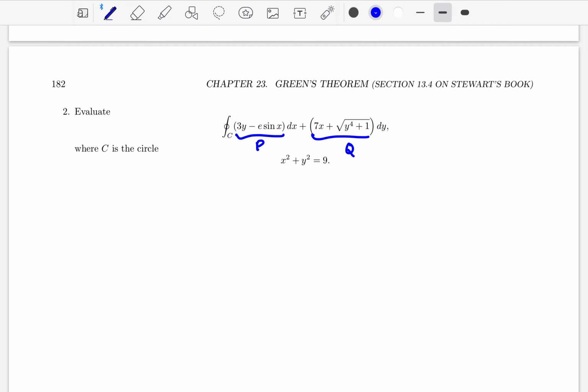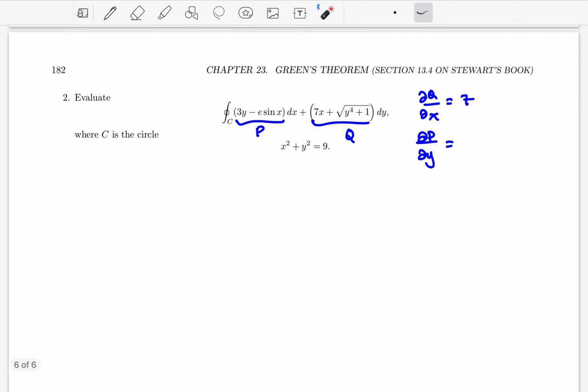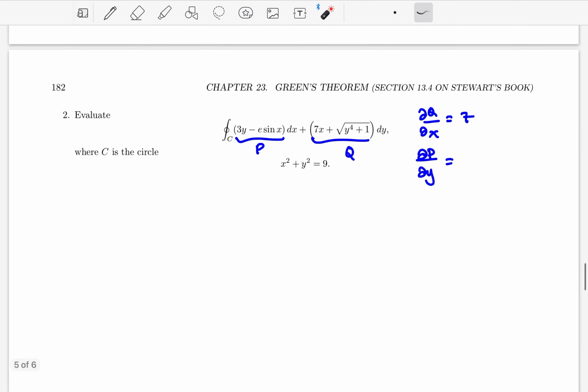So before I even try to understand my region, let me see if this has no circulation, okay? So I go here, dq dx is equal to the derivative of this with respect to x, which looks super hard, but this goes away and you get 7. And then dp dy, pretty much the same idea. Here, that goes away and I get 3, okay?